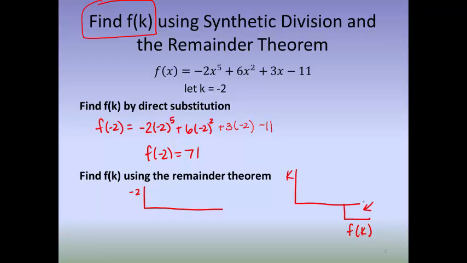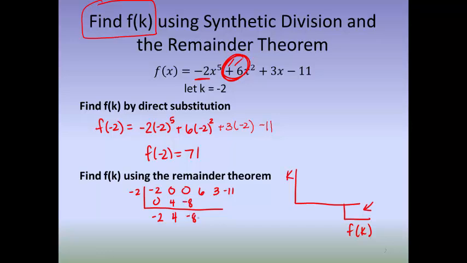So I'm going to substitute in the coefficients. So I've got a -2. I also have to make sure that I put in the 0s up here that we're missing, and that's for the 4th power and the 3rd power, and then 6 and 3 and -11. Let's go ahead. Remember here we're just adding down, and then I get a 4 when I multiply, and then 4 times -2 is -8.